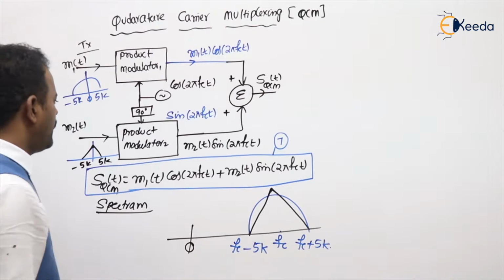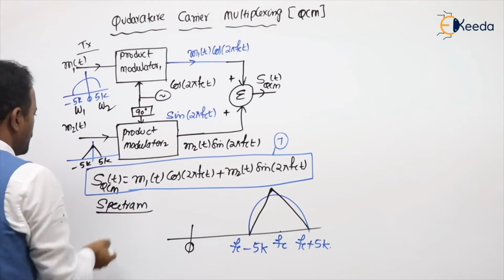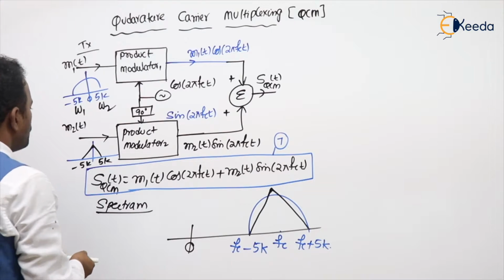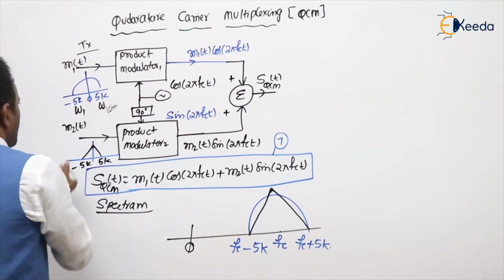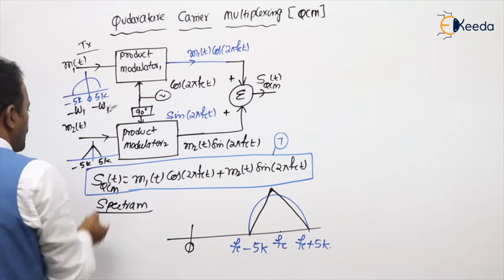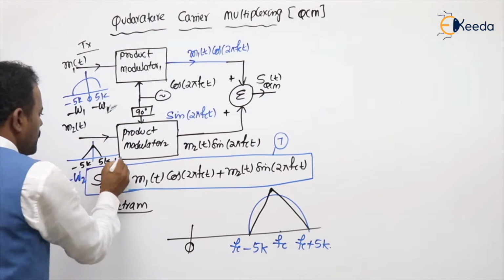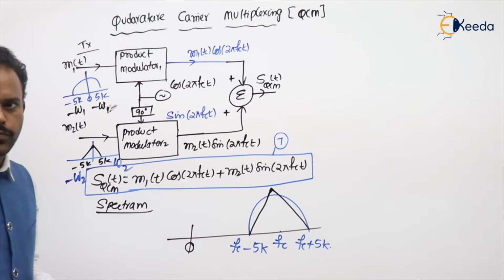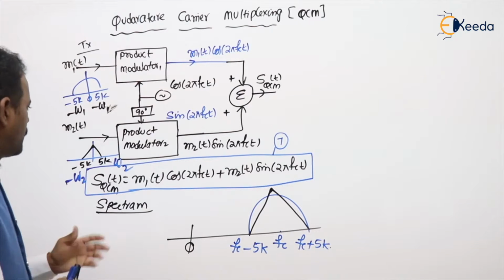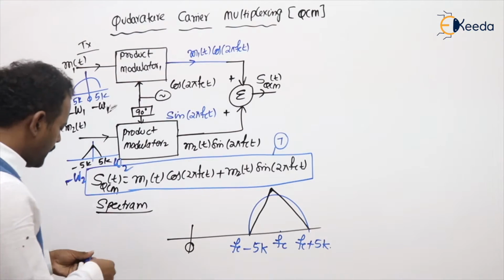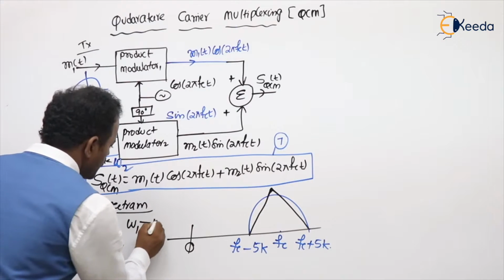For example, if any differences are there, this is omega 1, omega 2. Here minus omega 1 to plus omega 1, and this is minus omega 2 to plus omega 2. If you have different values, for our assumption you can take omega 1 greater than omega 2.